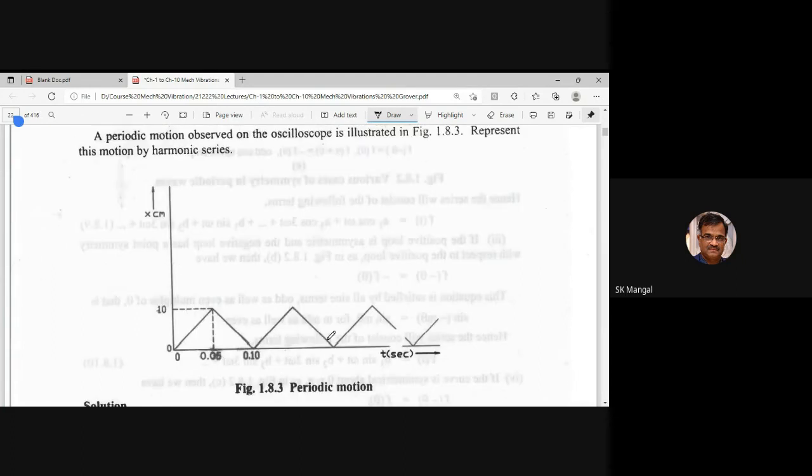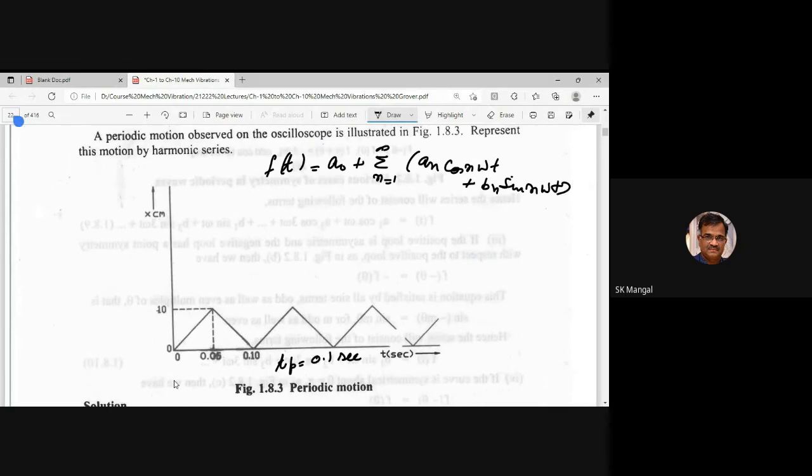So here you are getting a time period. This is a tooth profile having a time period equal to 0.1 second, and you can represent the Fourier series f(t) = a naught plus summation of n = 1 to infinity of a n cos n omega t plus b n sin n omega t.